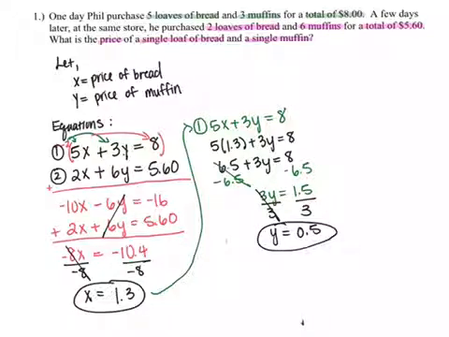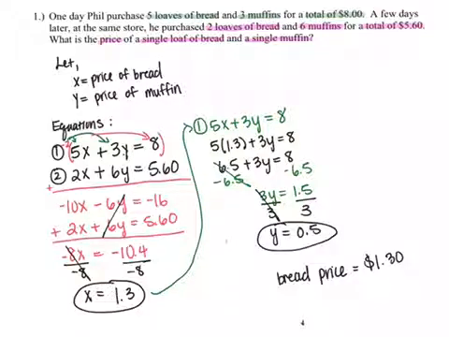So once you get your x's and y's, let's now put this in the story format. In this case, we were looking for the price of the bread and a muffin. So down here below, let's write out what these x's and y's are. x was the price of bread, so the bread price equals $1.30.